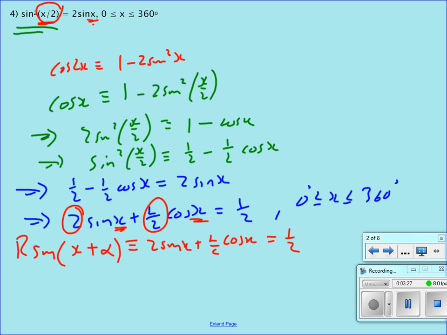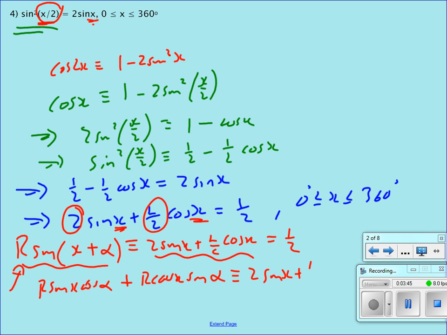So if I'm comparing the coefficients, when I expand this out, I get R sine x cos alpha plus R cos x sine alpha is the same as 2 sine x plus a half cos x.